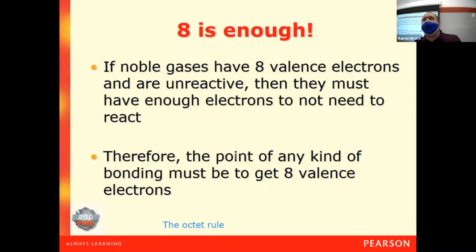When you have 8 valence electrons, your energy levels are full. Full energy levels are stable. Unfilled, partially filled energy levels are unstable, at least in some kind of way. And as a result, those atoms, those elements are prone to bonding of some sort.